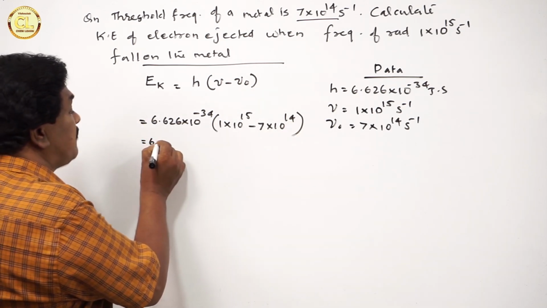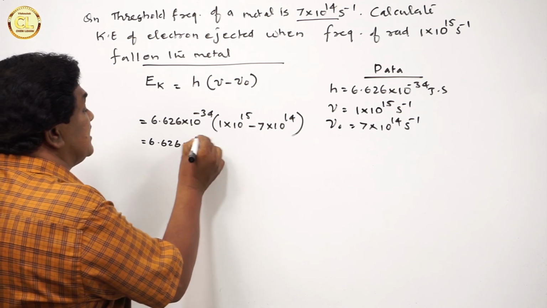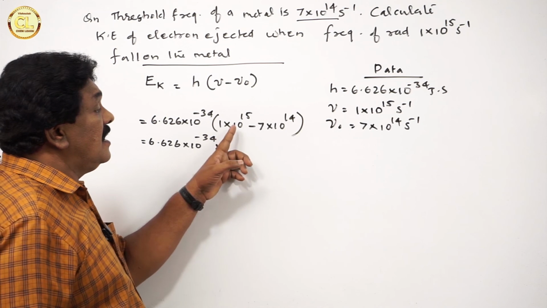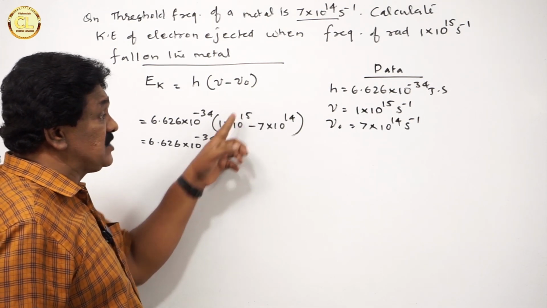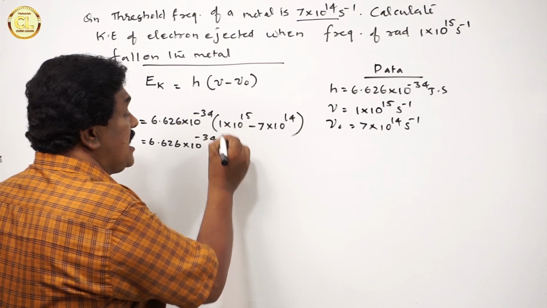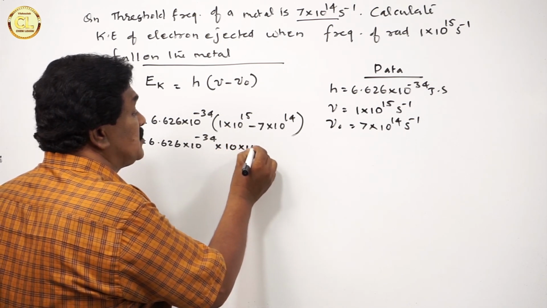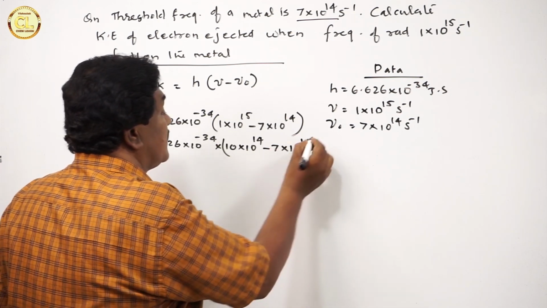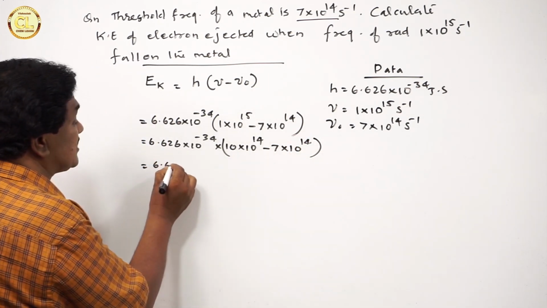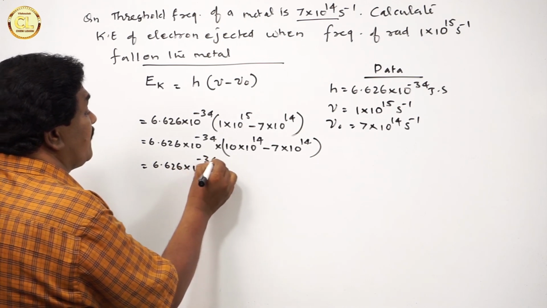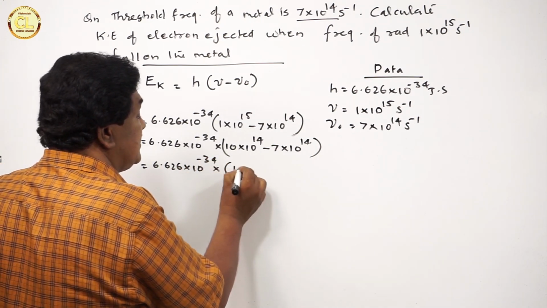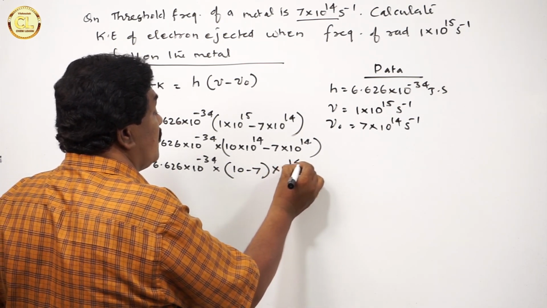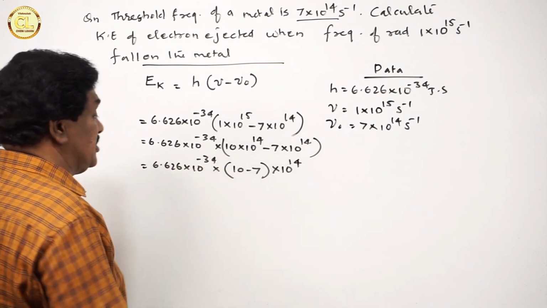That is equal to 6.626 into 10 raised to minus 34 into, taking 10 from 10 raised to 15 and multiplying with 1 to get 10 into 10 raised to 14, minus 7 into 10 raised to 14. 10 raised to 14 is taken outside as common factor.